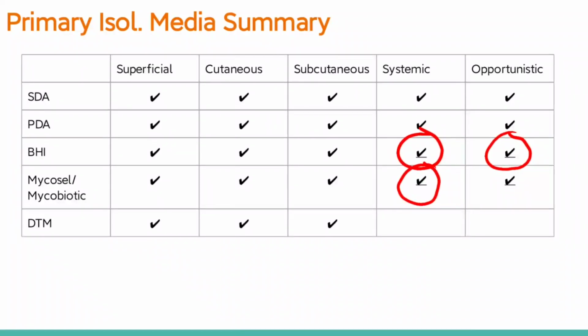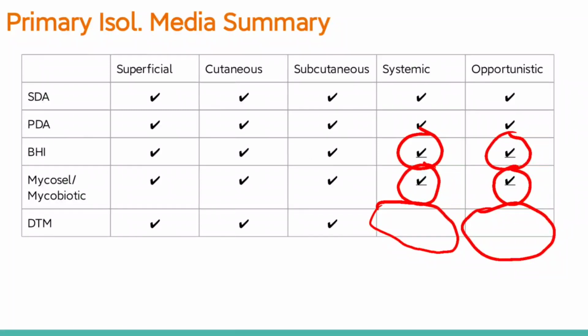Hindi tutubo ang Cryptococcus and Aspergillus dyan. Okay? Because meron siyang cycloheximide tsaka what you call this, the chloramphenicol. Okay? Dito, totally hindi sila tutubo. Mga systemic, yung mga dimorphic, or yung mga opportunistic yeasts. Kasi it is only specific for dermatophytes. Okay?